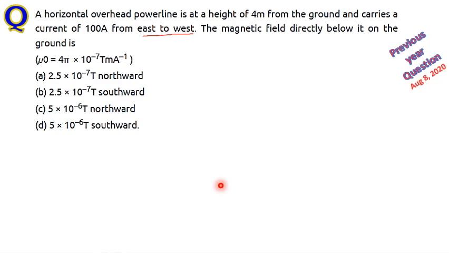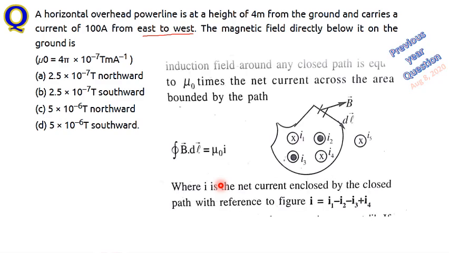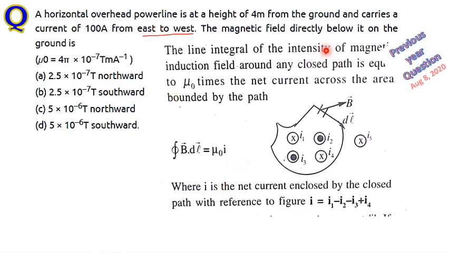First, let me tell you the concept here. This is about Ampere's law. According to Ampere's law, the integral of B dot dl is equal to mu naught into I. You just remember this one. Here I is the current which is flowing towards the surface.